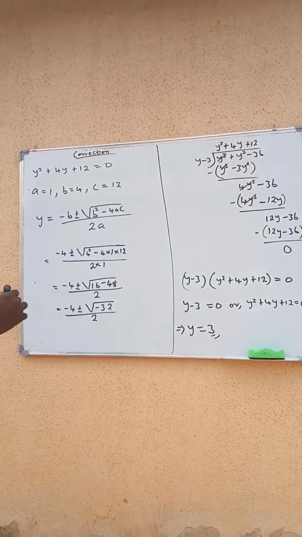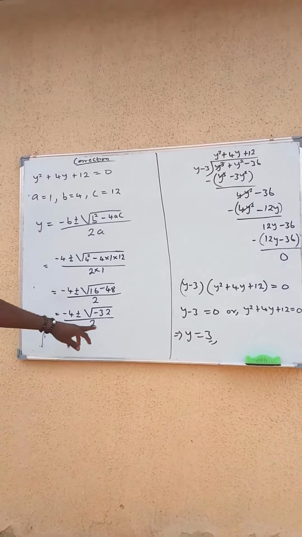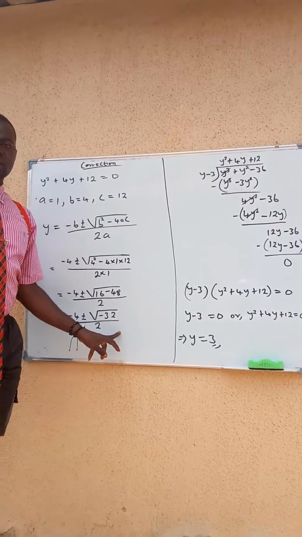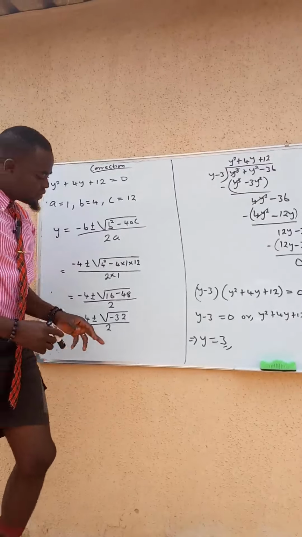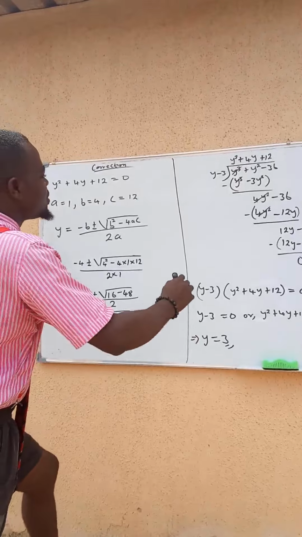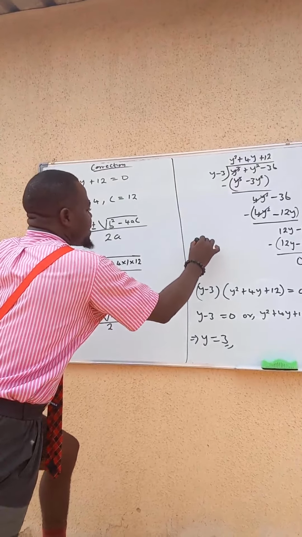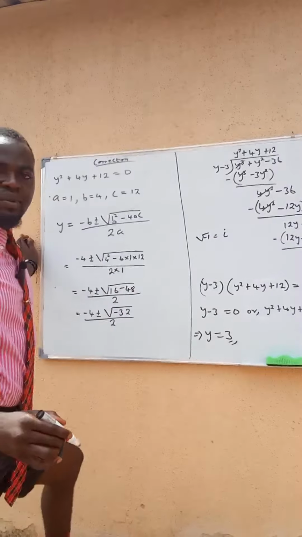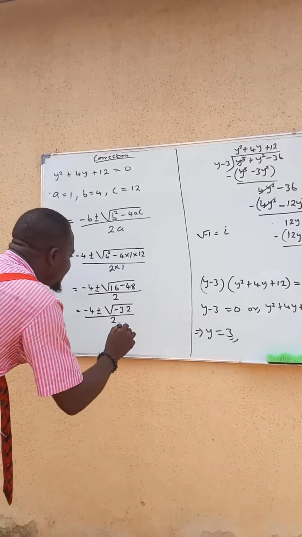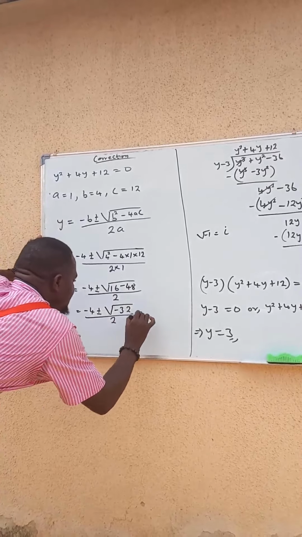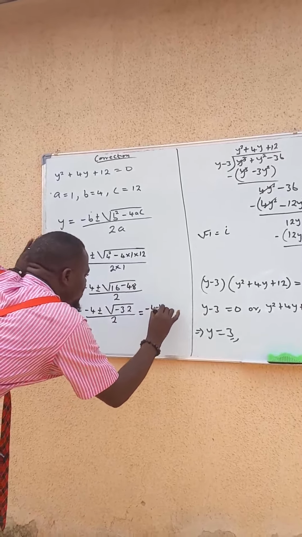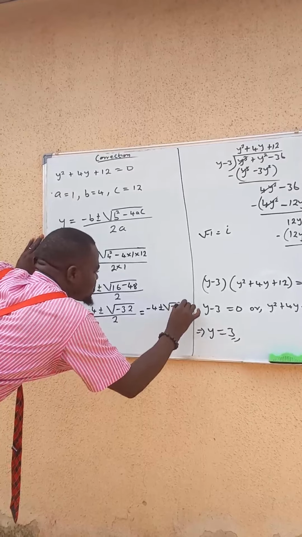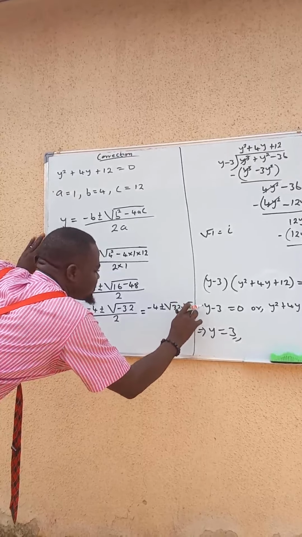Now, you find out that the square root of minus 32 is not possible because of the negative sign. But there's something we can do here. You all know that the square root of minus 1 is equal to i, which is the complex number. So I'll now bring it here, that is, this is equal to minus 4 plus or minus the square root of 32 multiplied by the square root of minus 1.